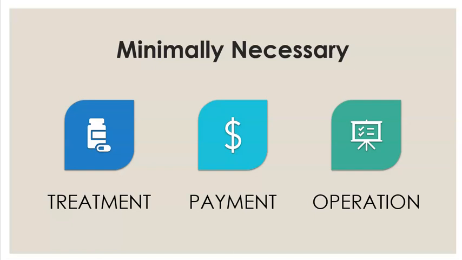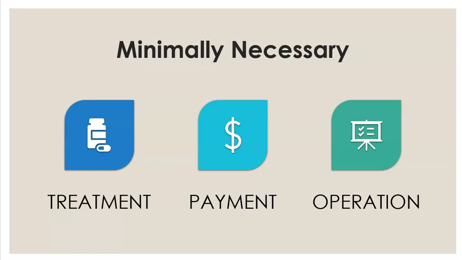So the HIPAA rule actually requires that when a covered entity or a business associate, there's those words again, covered entity, guys, a provider, a plan, or clearinghouse, uses or discloses PHI, or requests PHI from another facility or a business associate, the covered entity or the business associate, also known as BA, must make reasonable, notice the word reasonable, efforts to limit protected health information to the minimum necessary that's needed to accomplish the intended purpose. And so that's either a use, disclosure, or request.